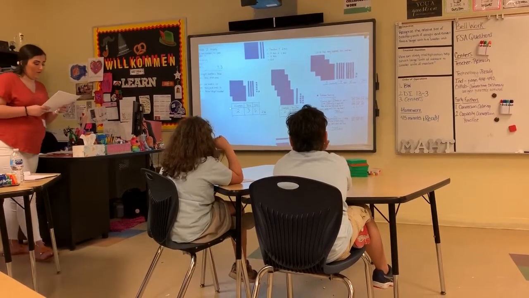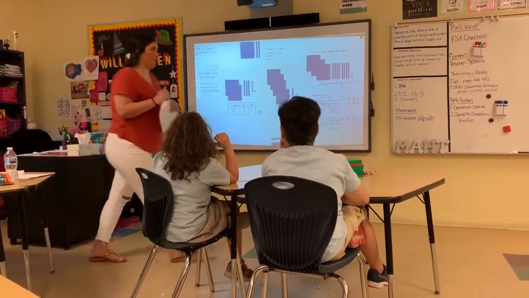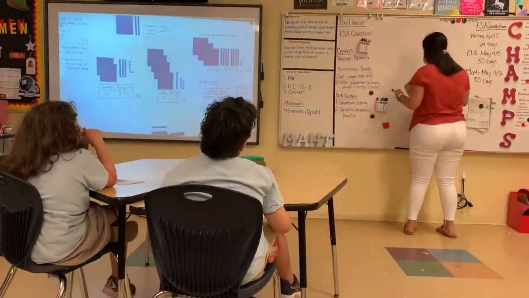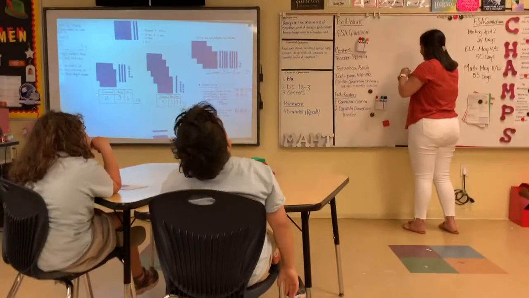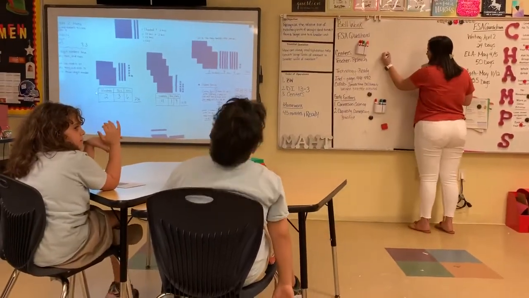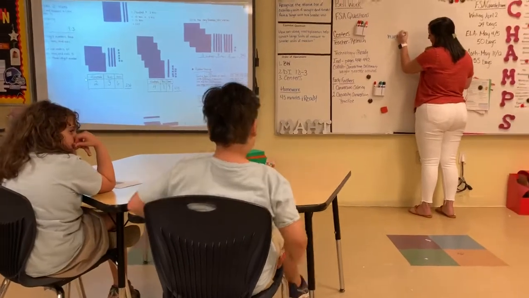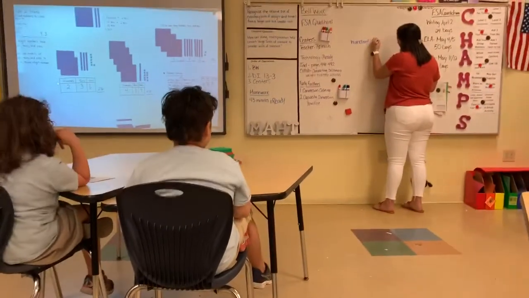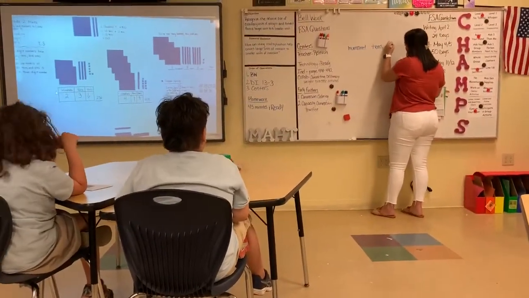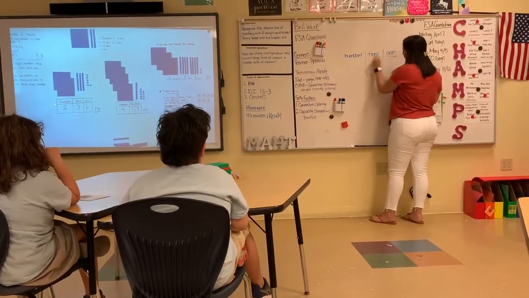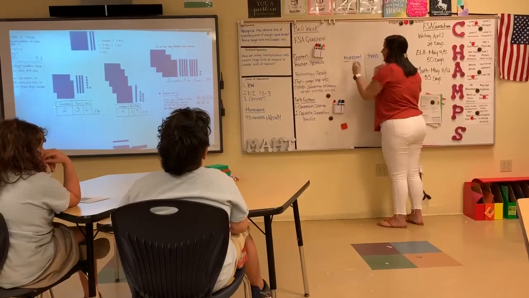Okay. Now we're going to do some practice problems on the board just to see if you guys got what she was saying. Okay, he wants to give me a number.